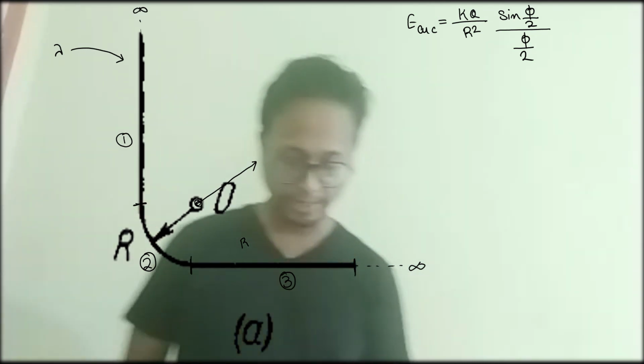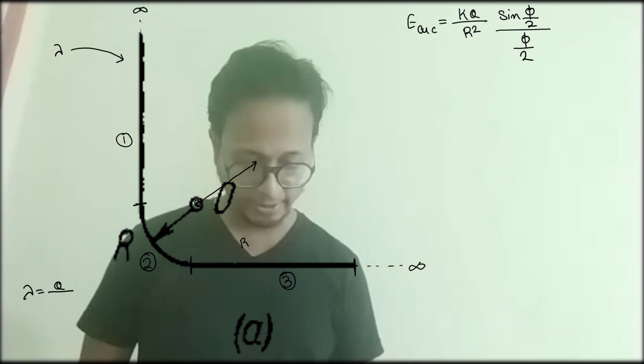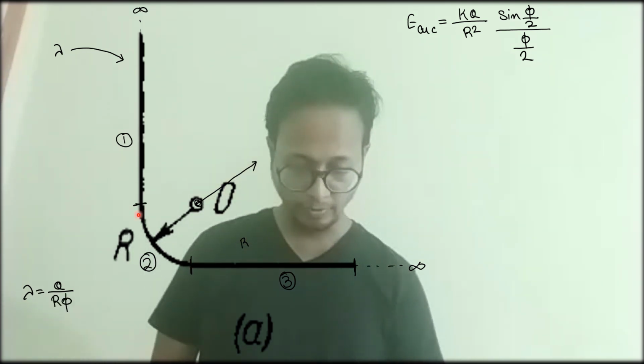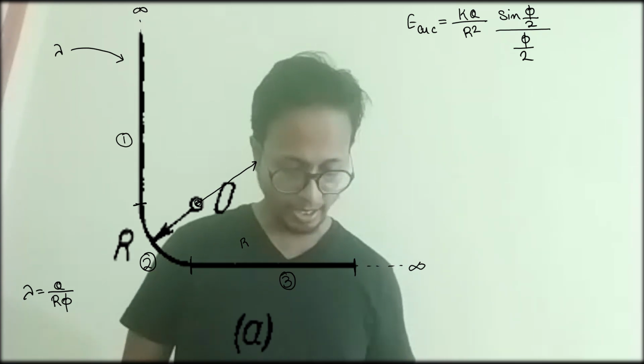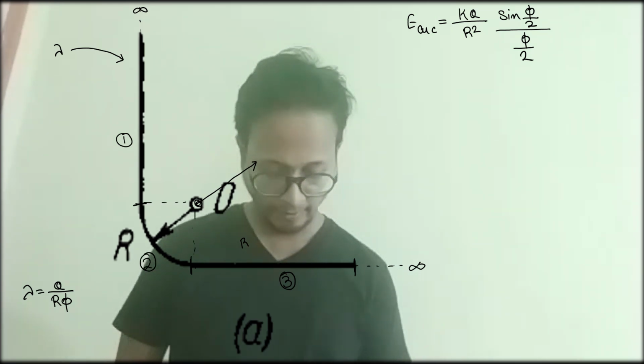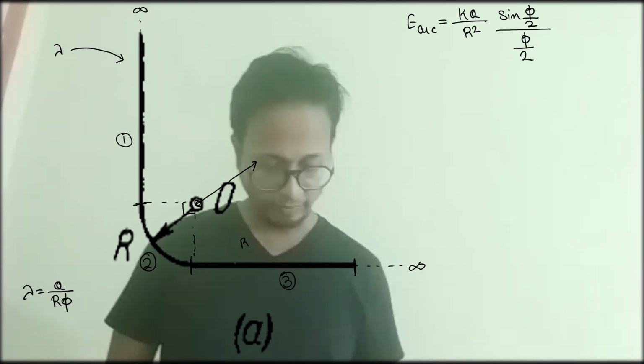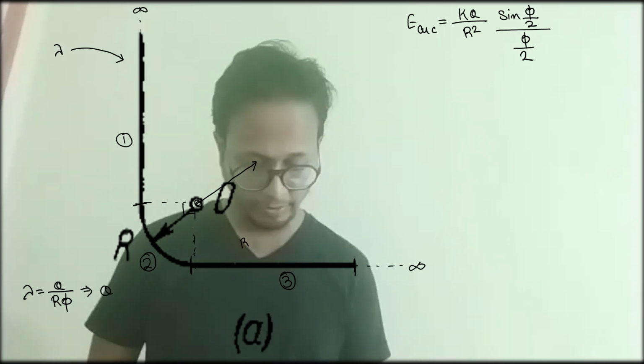Charge density is total charge divided by total length. Total length of the arc is r into phi, where phi is equal to 90 degrees. From this equation, Q is equal to lambda into r phi.